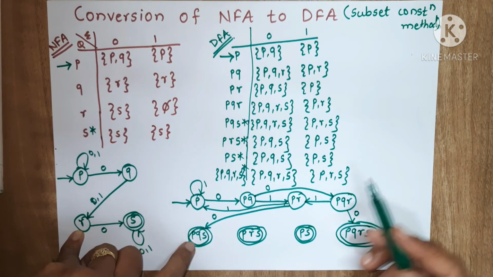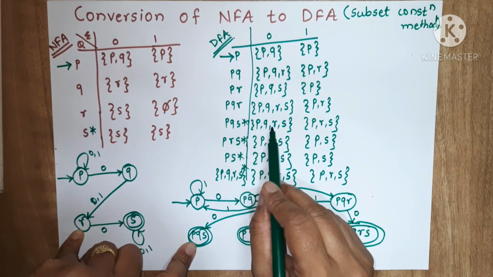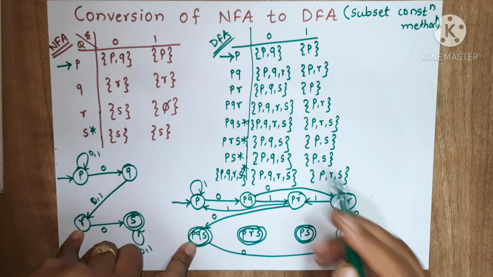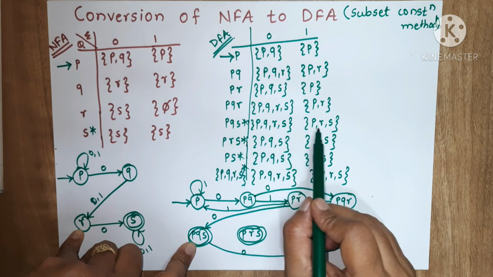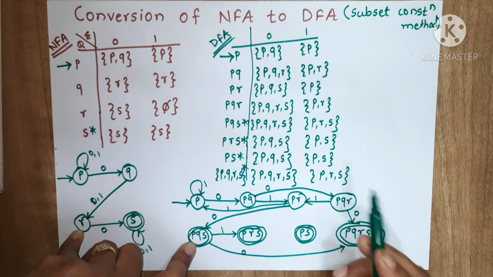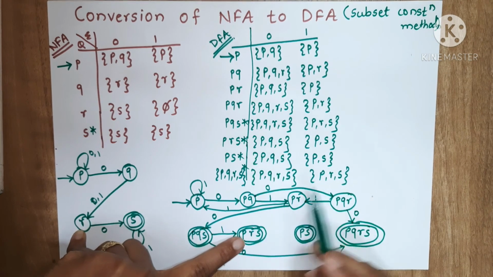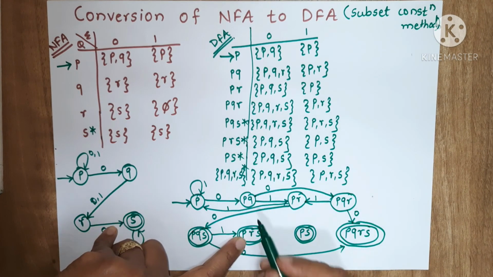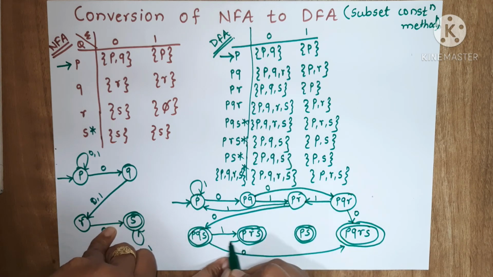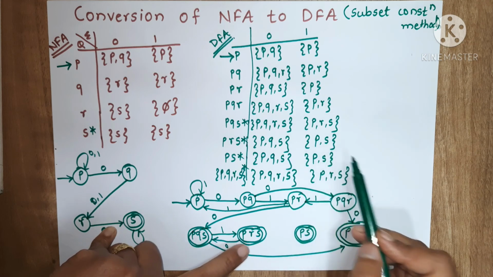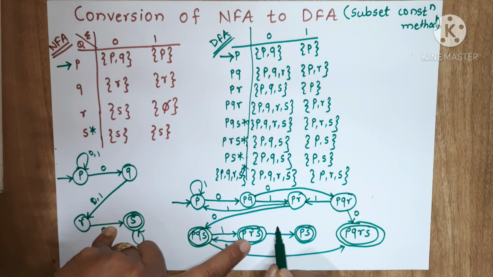Next is PQS. PQS on 0 goes to PQRS, and on 1 it goes to PRS. Then PRS on 0 goes to PQS, and on 1 it goes to PS.